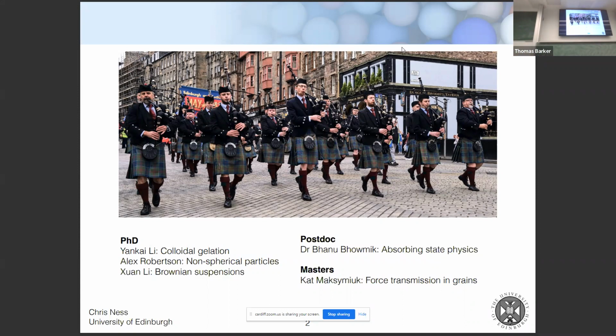That would be interesting. So I have a group of 3 PhD students, a postdoc who's just going to start next month, and I've had a series of master's students. I'm not going to mention any specific work that they've done, but just thank them as a whole for the discussions and ideas that we've exchanged.